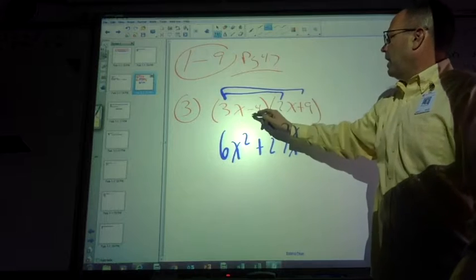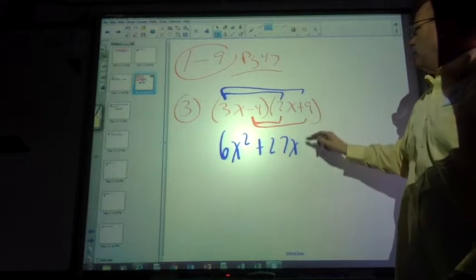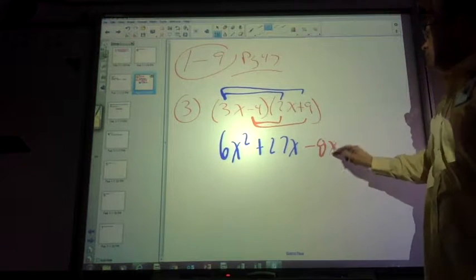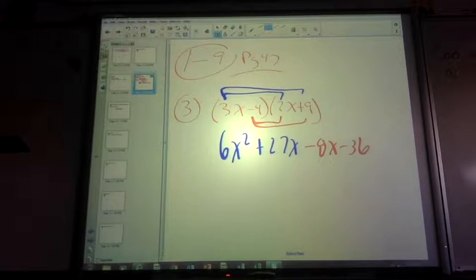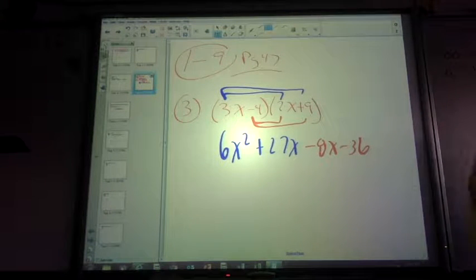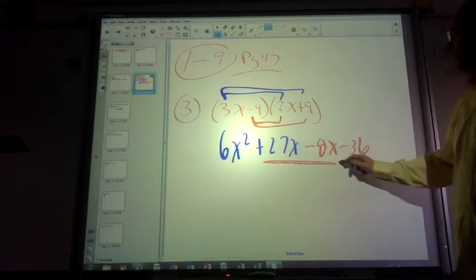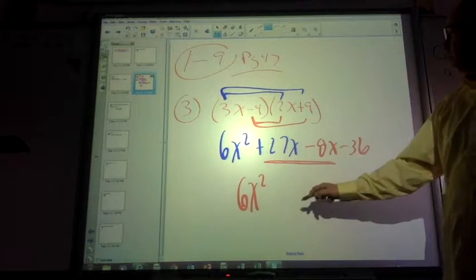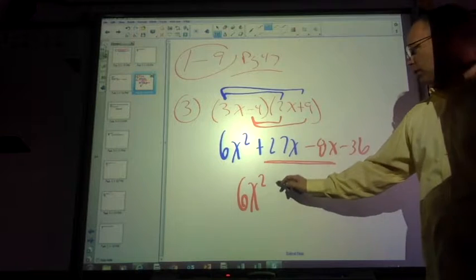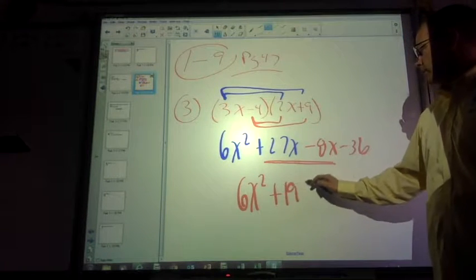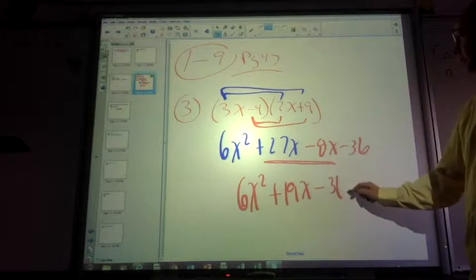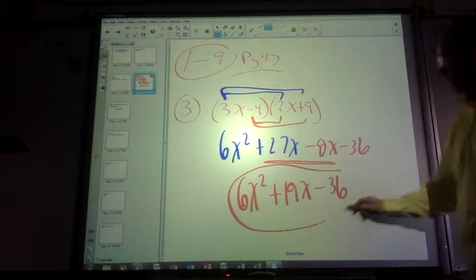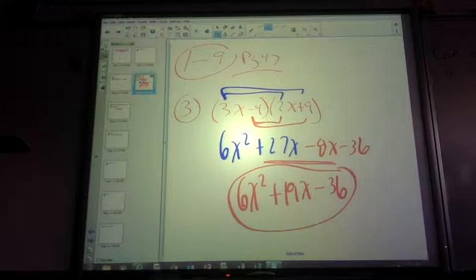And then I'm going to multiply here and here, so I get negative 8x minus 36. Is that okay? Here's my like terms. So I have 6x squared comes down plus 19x minus 36. That's done.